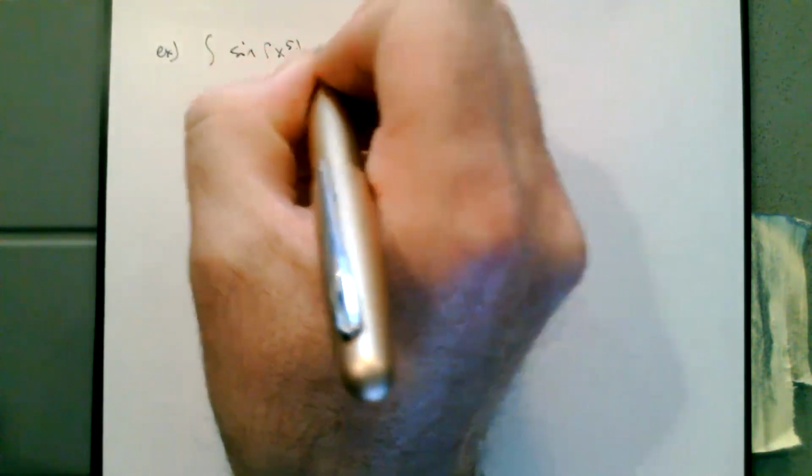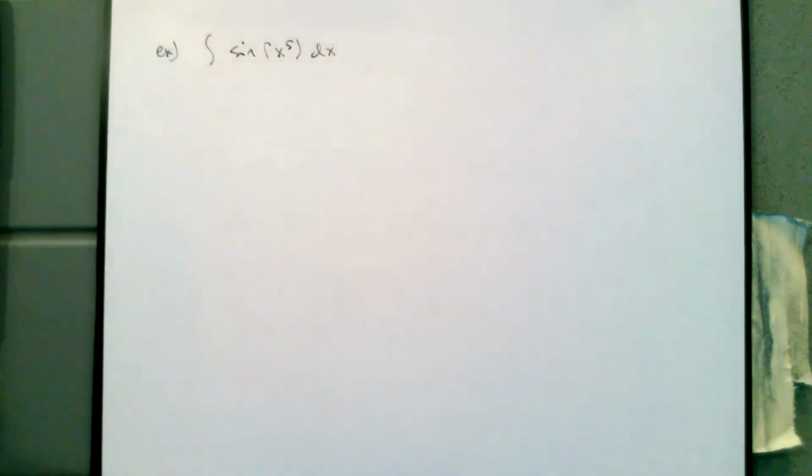So for example, if I had the integral of sine of x to the 5th dx, that substitution that we made in the previous example is not going to fly here.